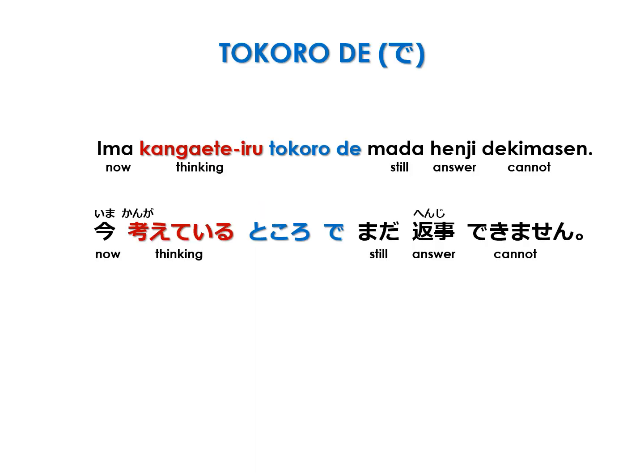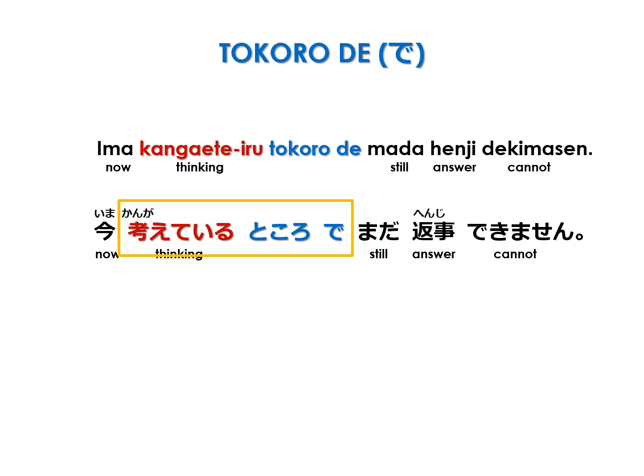Next, we look at the pattern tokoro de. Remember that the particle de denotes location of an action or method. Ima kangaeteiru tokoro de mada henji dekimasen.